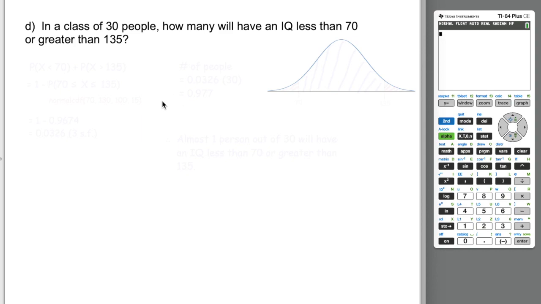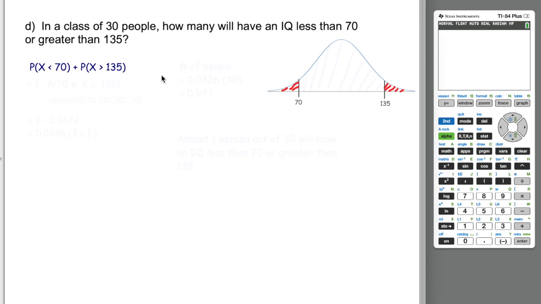D. In a class of 30 people, how many will have an IQ less than 70 or greater than 135? Well, here, we know that 70 and 135 are located on the bell curve in those areas. We are interested in finding the two tail ends, okay, in red. So we can calculate this probability by adding the two cases together.